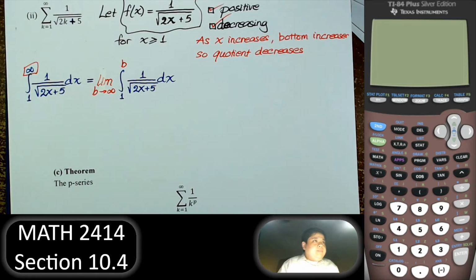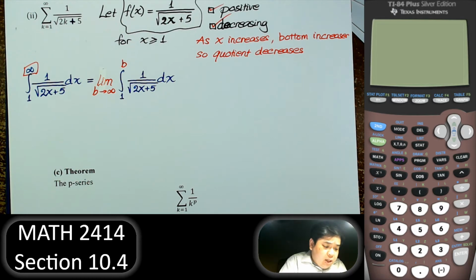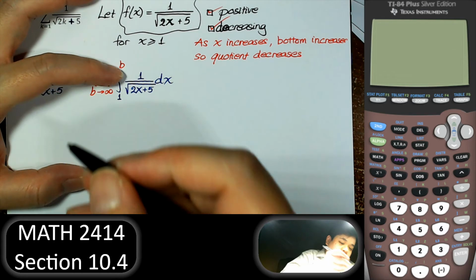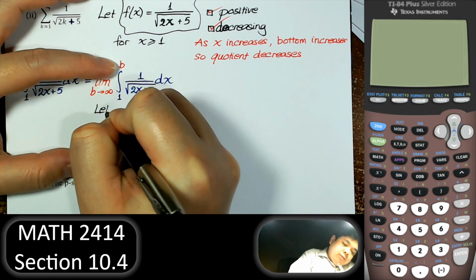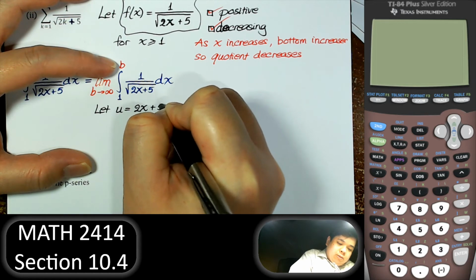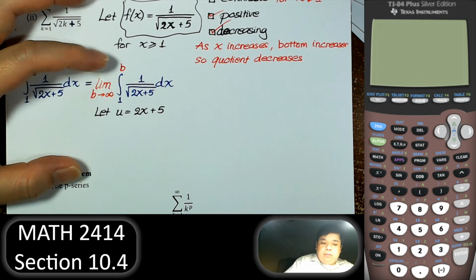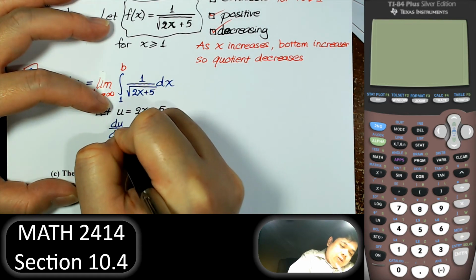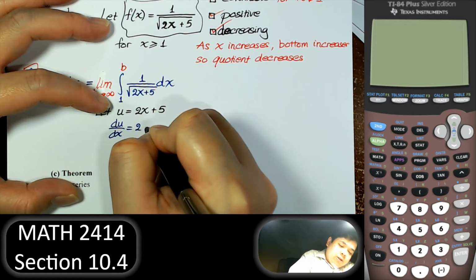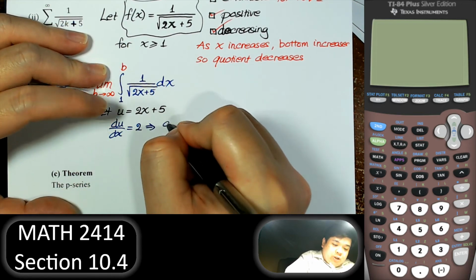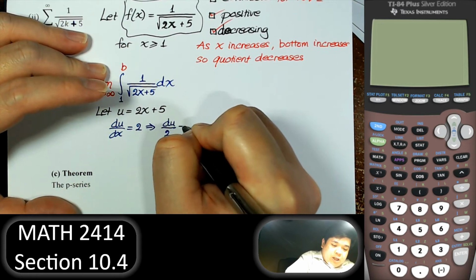Now we just do the substitution. Let u be 2x plus 5. We take the derivative. So du is 2 dx, and du over 2 is dx.